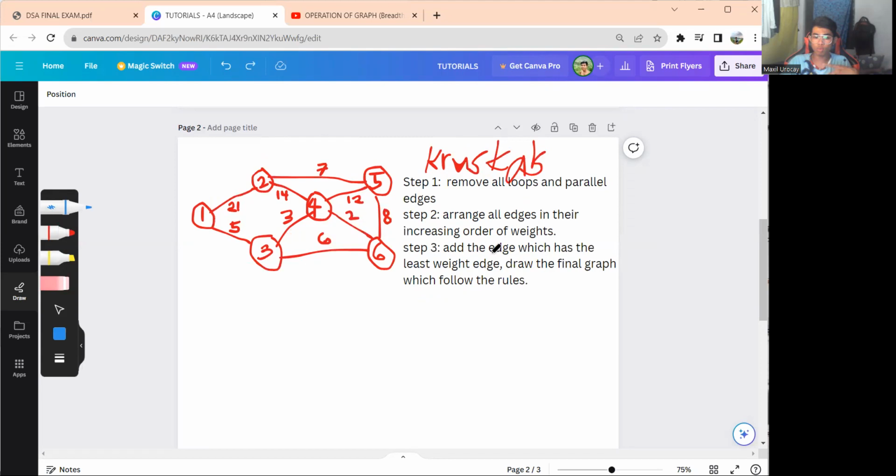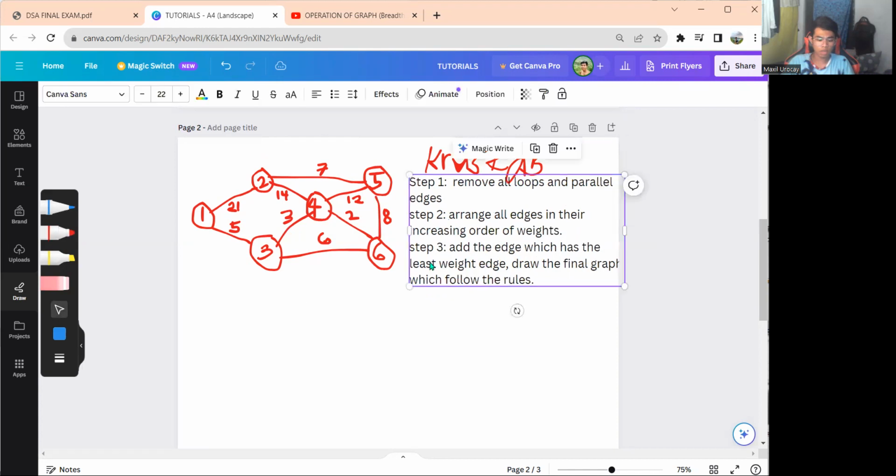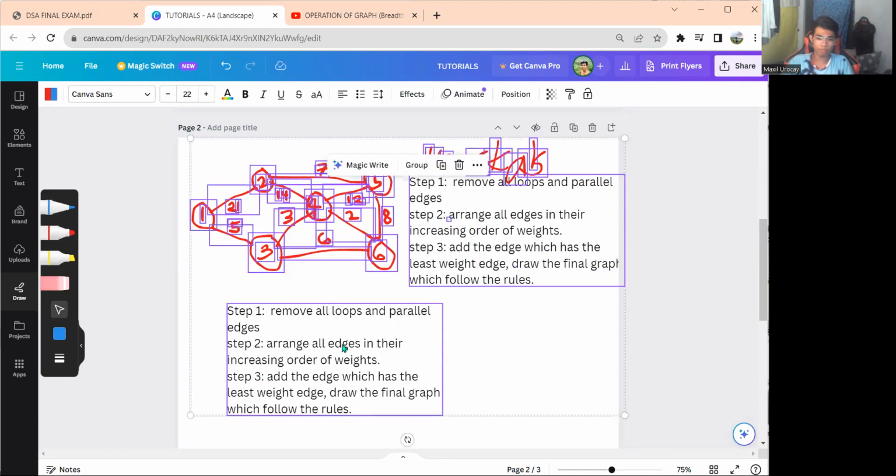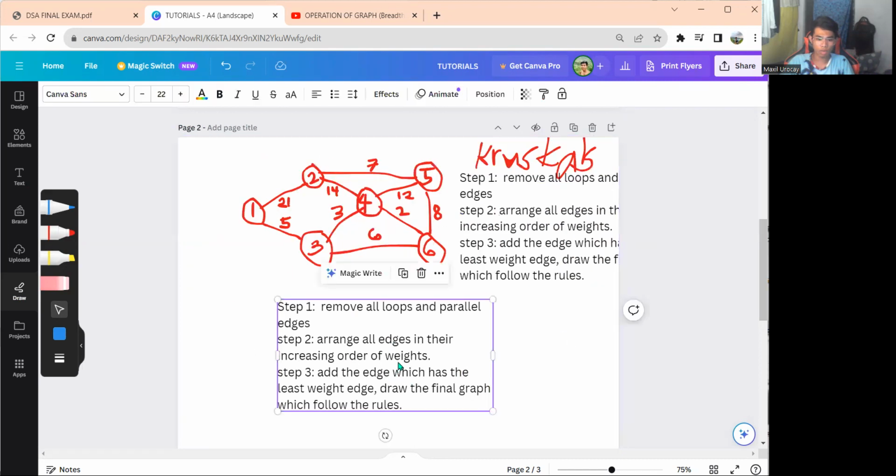Afterwards, step 2, you are arranging all of those edges in increasing order. So when we say increasing order, we'll begin to see that in step 2.